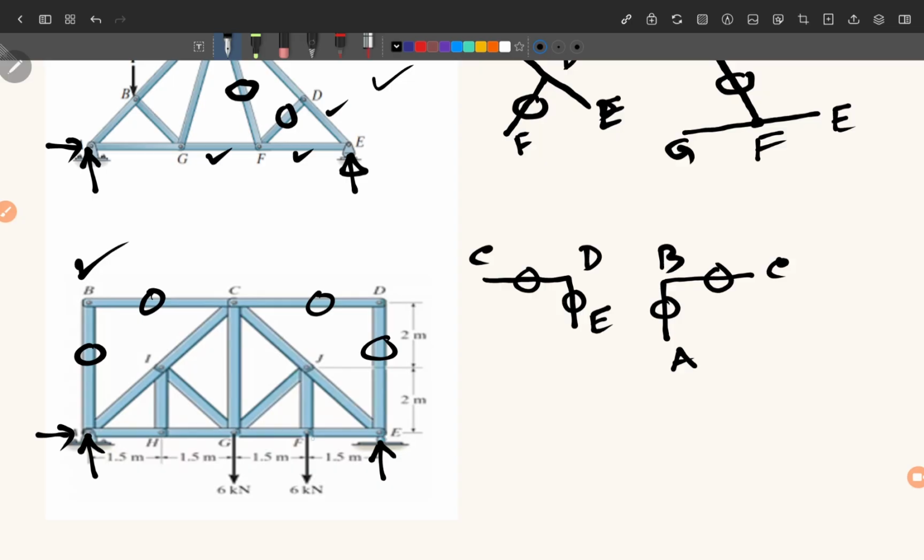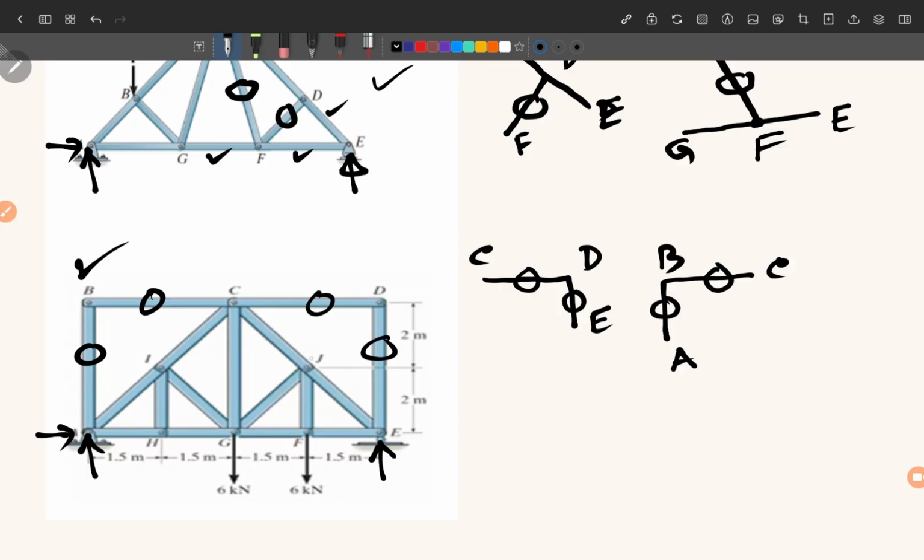If we come to joint F, joint F has three members, but there is one external force. So here it is very easy for you to say that the force FJ will be equal to 6 kilonewton when we apply equilibrium, but that FJ will not be equal to 0, right? It will be equal to 6 kilonewton force. This is another very simple observation and justification to calculate the force.